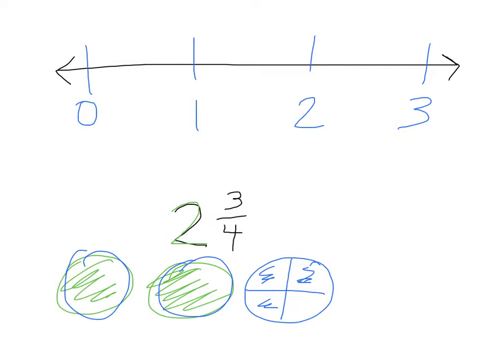So I need to go 1 whole, 2 wholes, and now I need to go 3 out of 4. So I need to make 4 pieces here, which you may have 4 in all areas, that's fine, but 3/4, so I go to 2, which is right here, and then 3/4, 1, 2, 3, and I place my dot right there for 2 and 3/4.